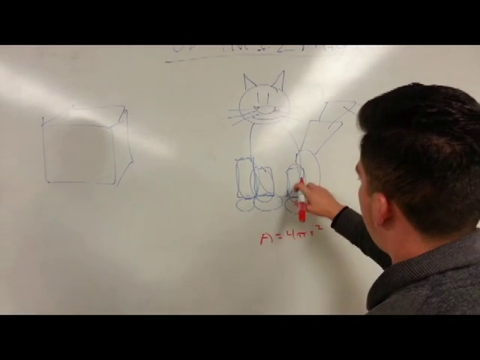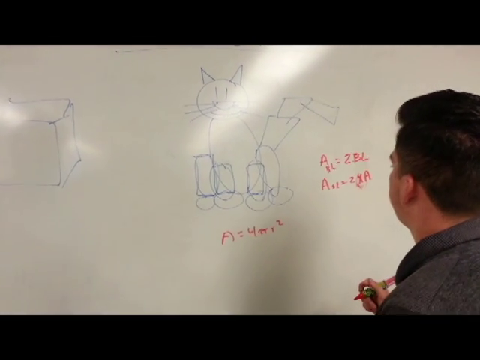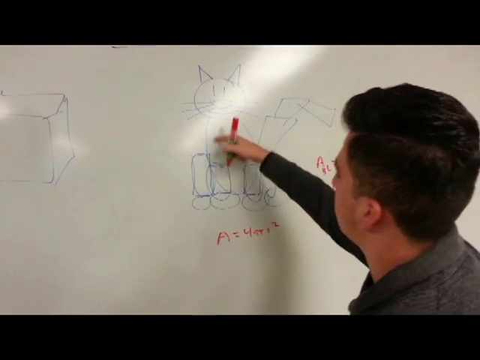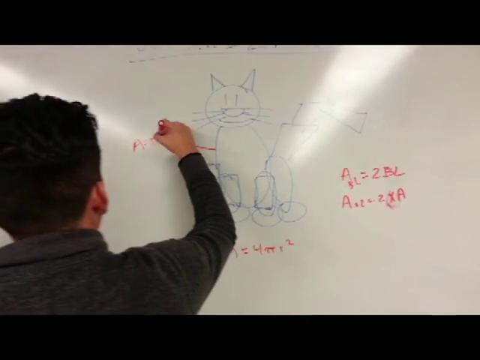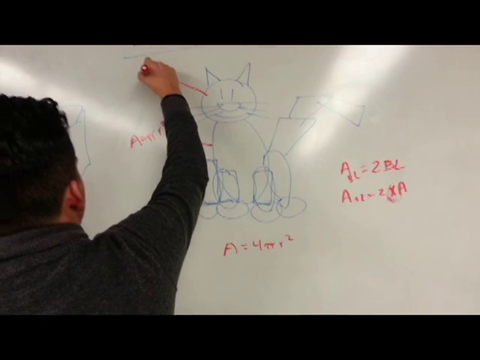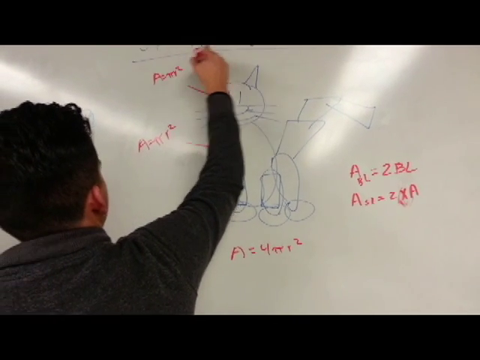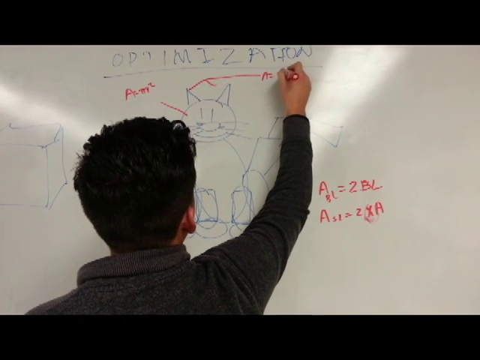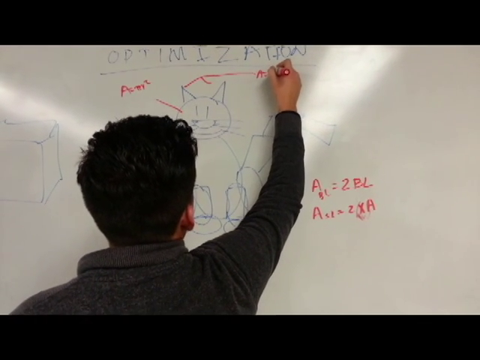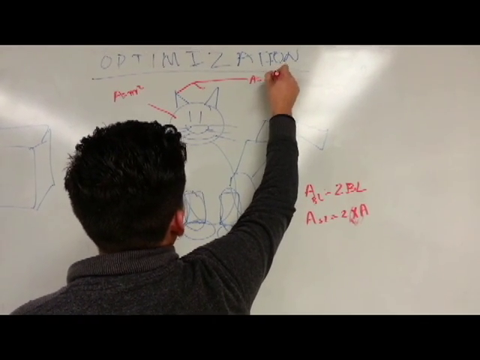because they're different heights. Now we have the body, which is area equals pi r squared. Area of the circle, pi r squared. These 2 ears are triangles, so it'd be base times height.